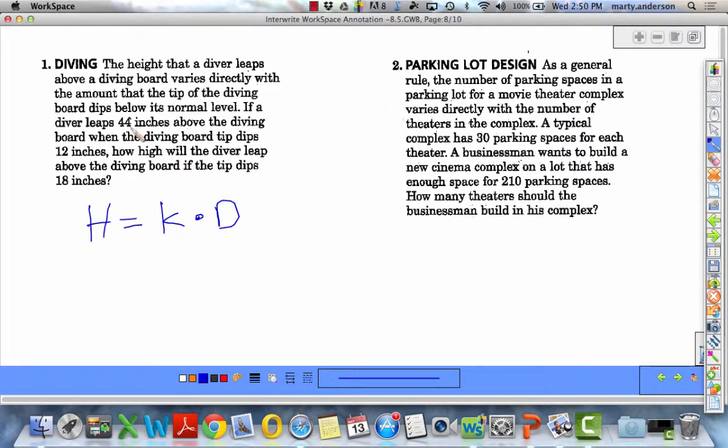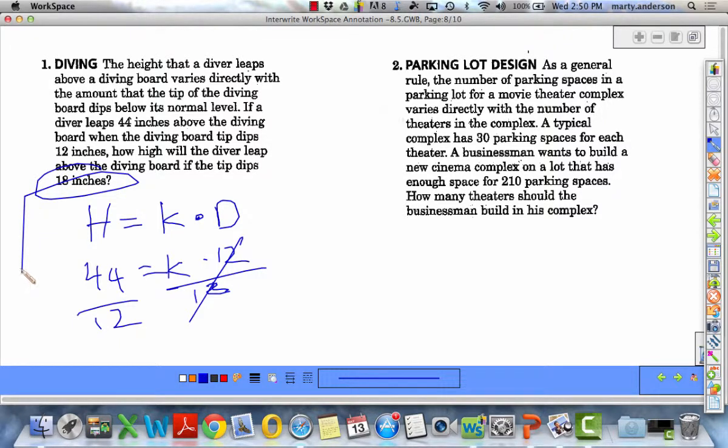If a diver leaps 44 inches, that's going to be the height, when the board dips 12 inches, boom, you got a constant of variation is 44 over 12. Simplify if you so choose. Must be about 11/3.